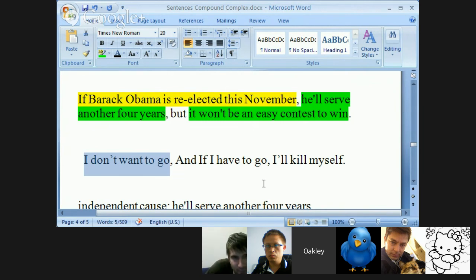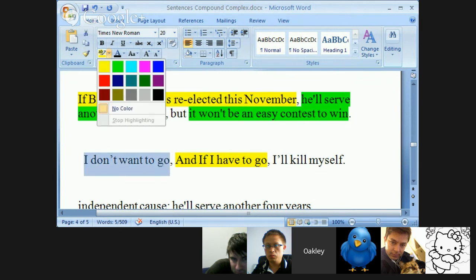Yes, granted. And "if I have to go" now becomes a dependent clause. Thank you. Definitely. So this is definitely a dependent clause. Excuse the capital letters. All right, this is an independent clause.